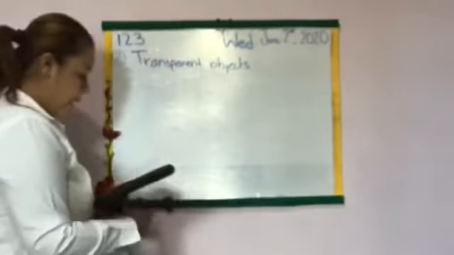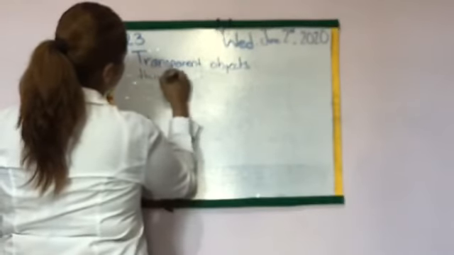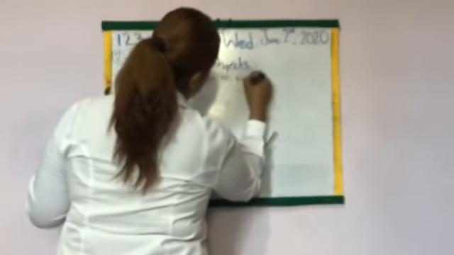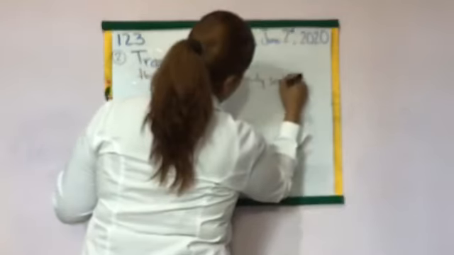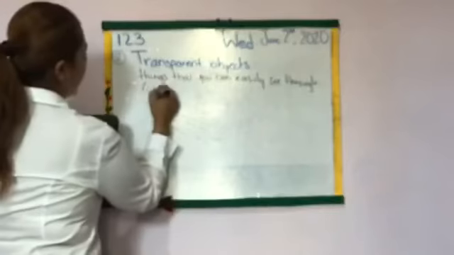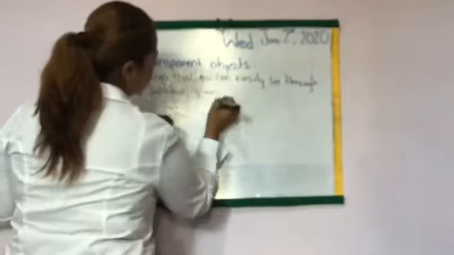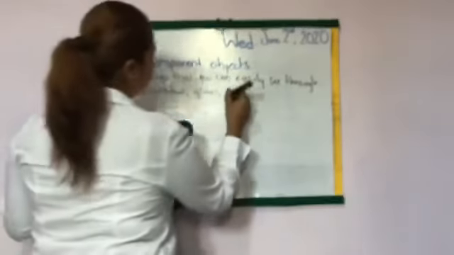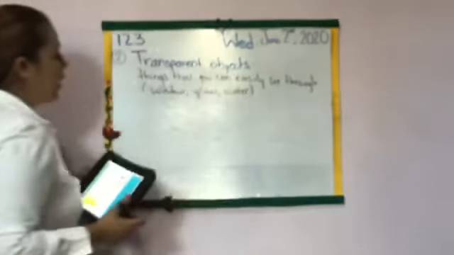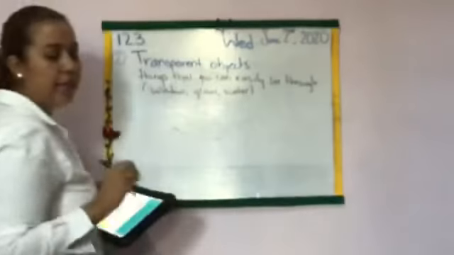Yes, these are things that you can easily see through. For example, a window, a glass, and another transparent object is water, something transparent, something that you can easily see through.